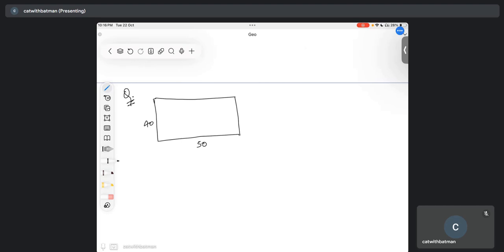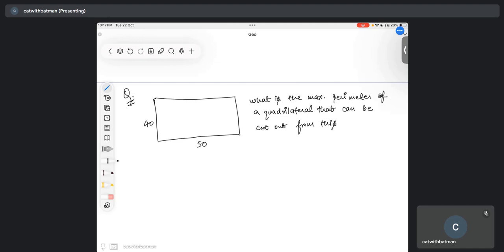And the question is, what is the maximum perimeter of a quadrilateral that can be cut out from this rectangle with all four sides equal?